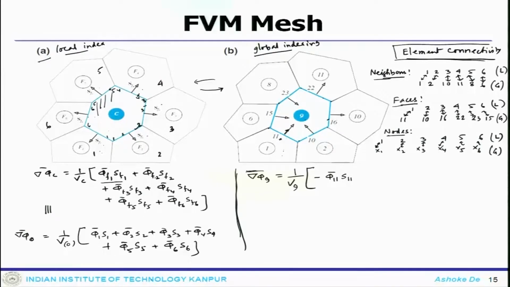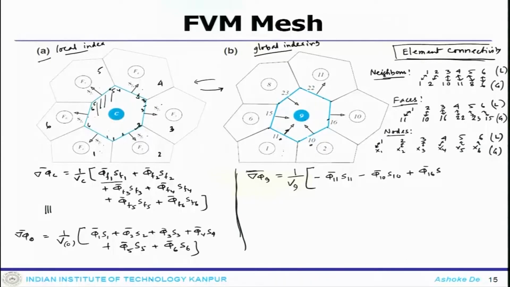Now, look at f2 Sf2, that is connected with surface 10, and the vector is pointing inward, so this will again have a negative sign. If you go to f3 Sf3, surface is 16, here the surface vector is going outward, so it follows the positive sign.